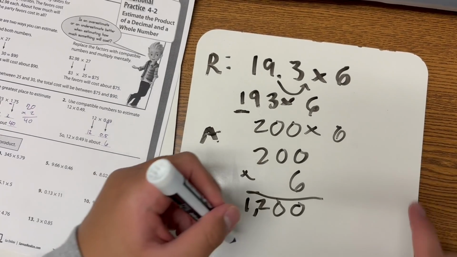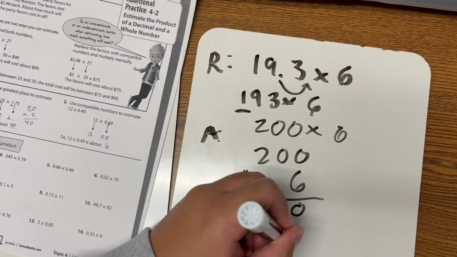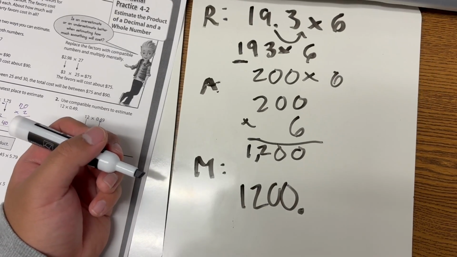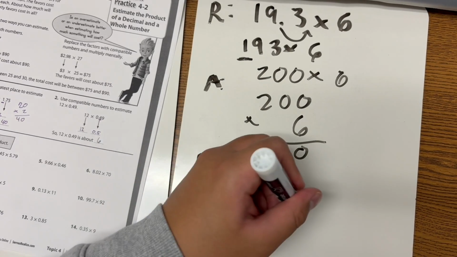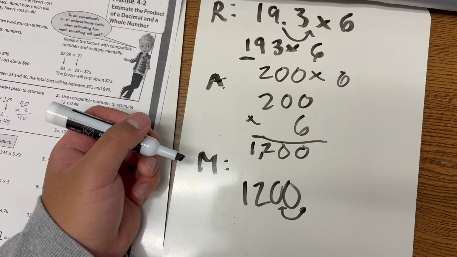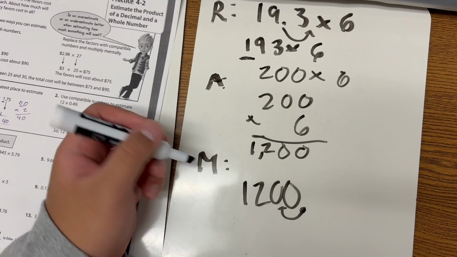Again, we're not done because now we need to move our decimal point back. We place our invisible decimal point after the 0 in the ones place. We move 1 digit back to the left.